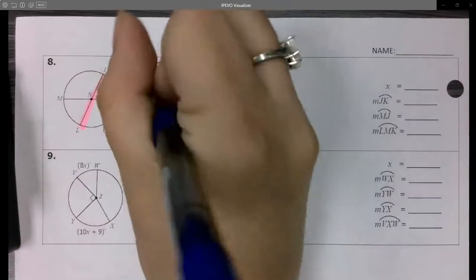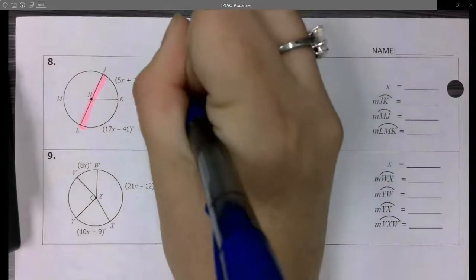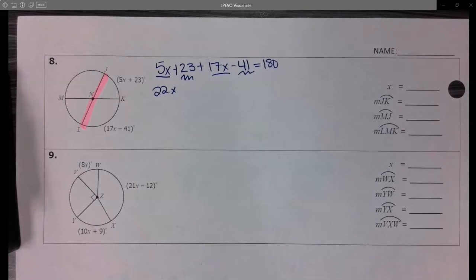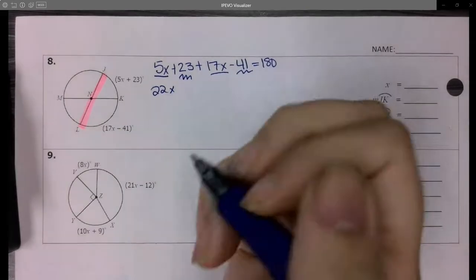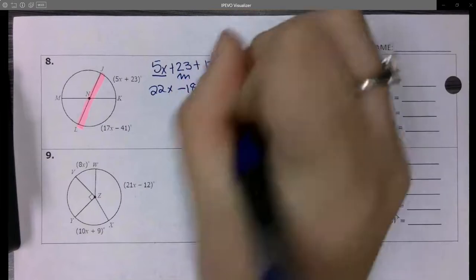gives me 22x. Then I have 23 minus 41, which will give me negative 18. And this still equals 180.